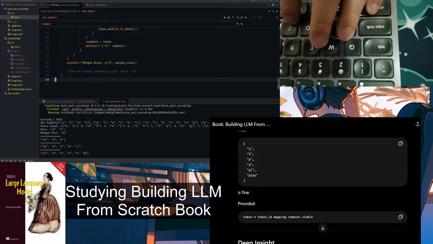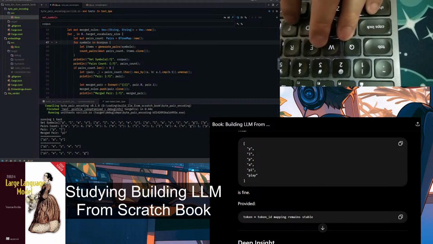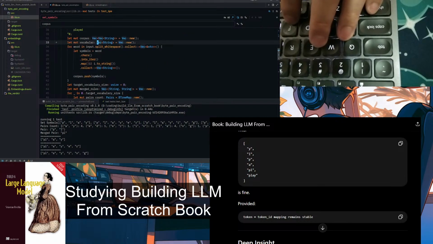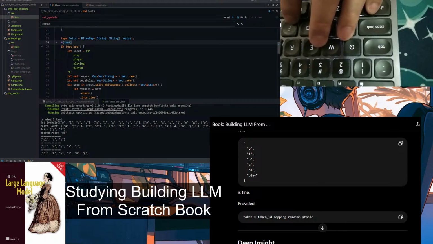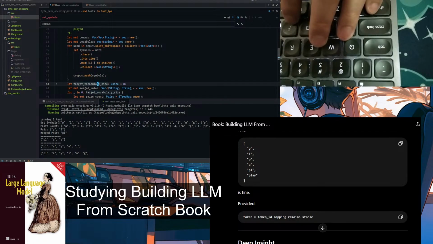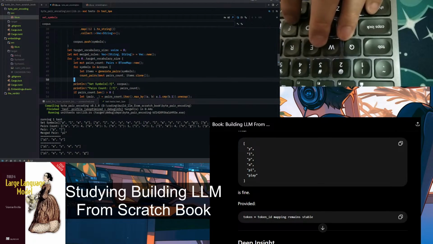Ano magandang approach? What's the better approach here? So this is symbols. And that's here in the symbols.